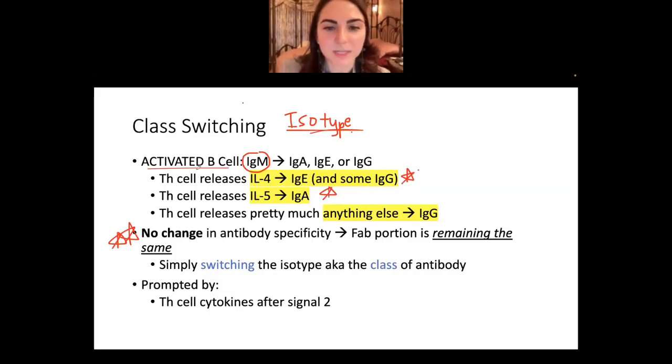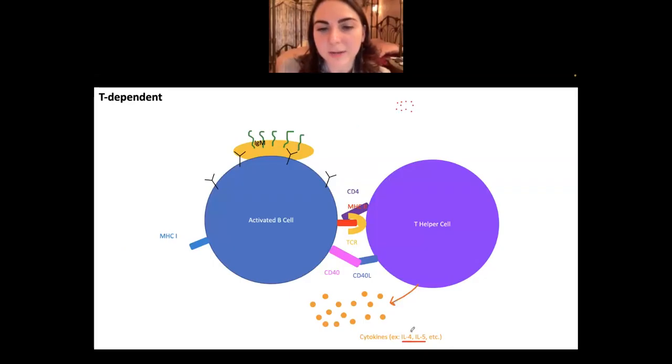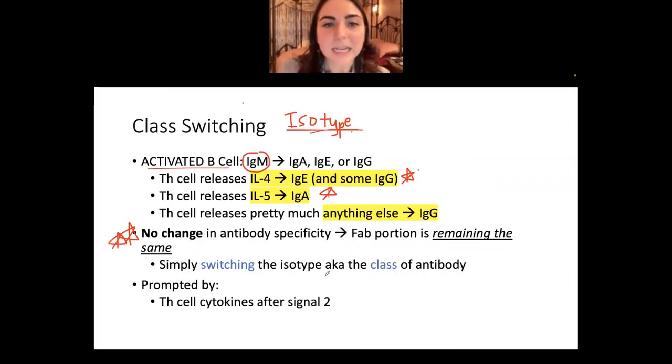If the T helper cell releases IL-4, this is a signal to the B cell to release IgE. And some IgG too, but that's just to be like, oh yeah, that also happens.